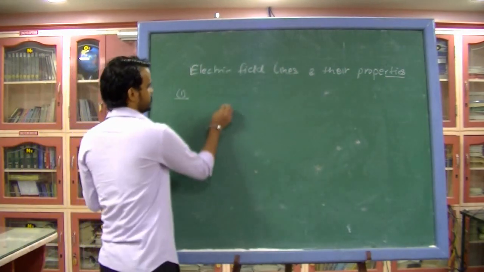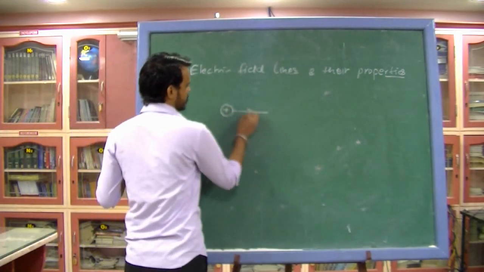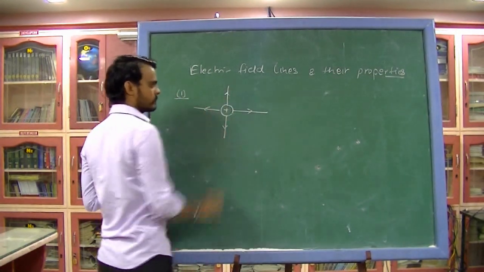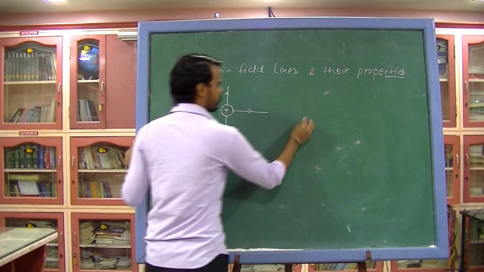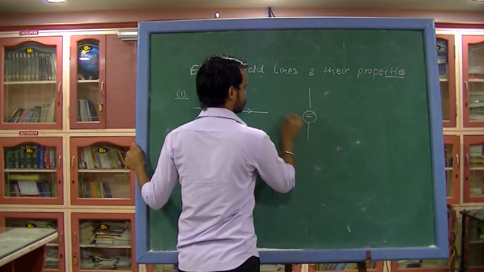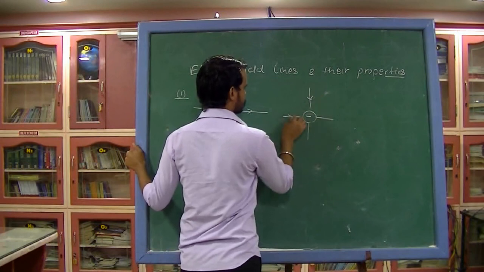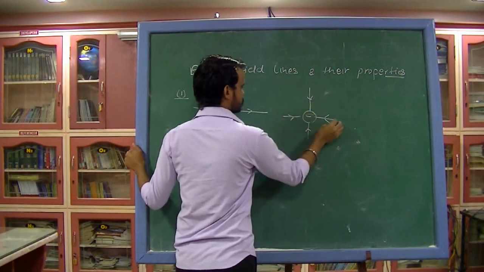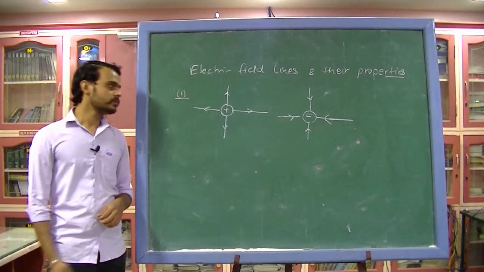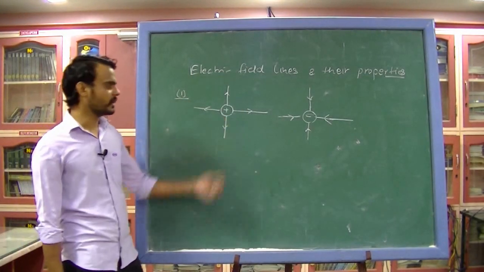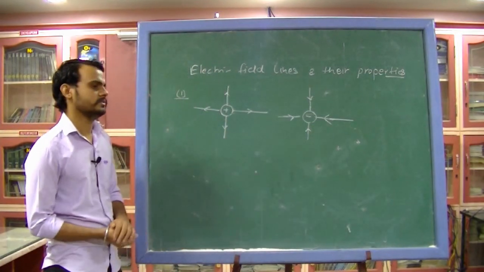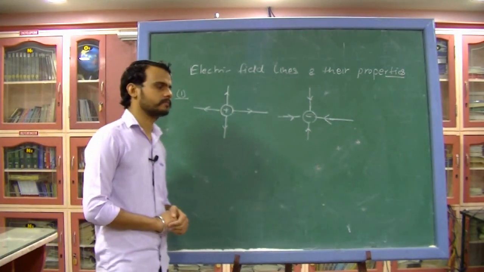As you can see, this is a positive charge, so they are originating from the positive charge, and they terminate on a negative charge. So, the first property of electric field lines is that they originate on a positive charge and terminate on a negative charge.